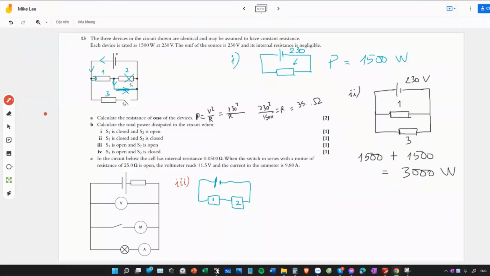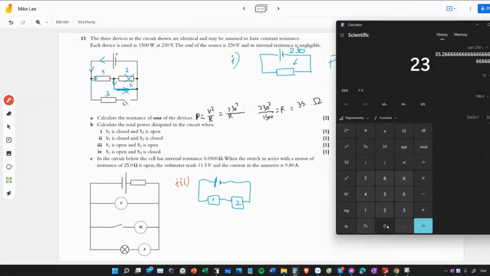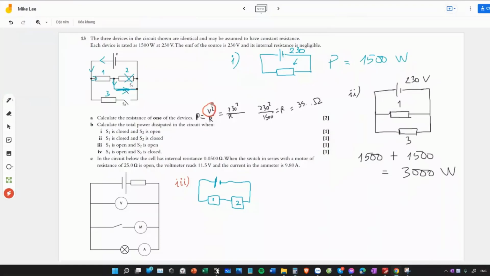Each resistor will receive half of 230 volts, meaning 115 volts for each resistor, and therefore the power will be 4 times less, because the power is proportional to the square of the voltage.